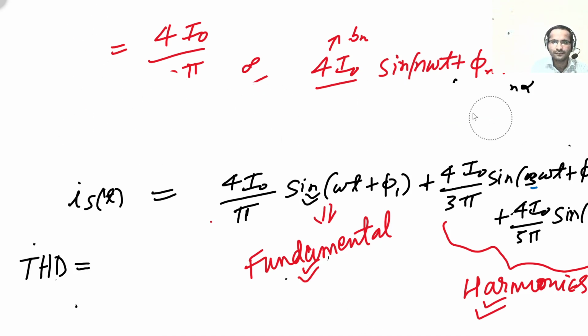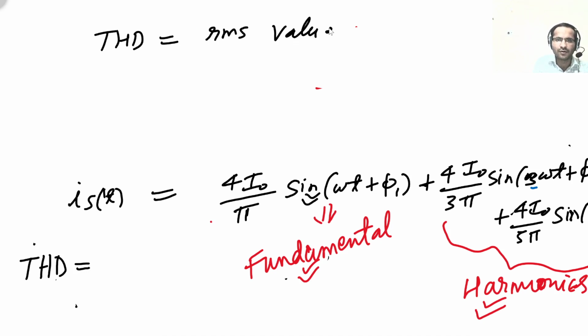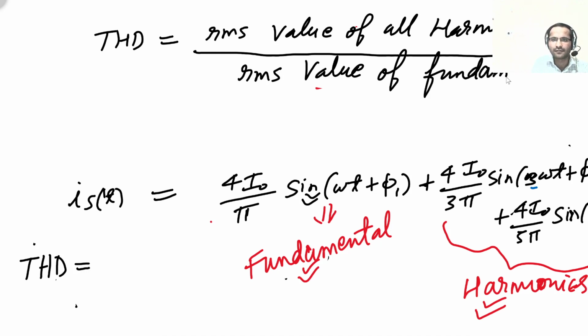this total harmonic distortion is the ratio of the RMS value of all harmonics divided by the RMS value of the fundamental. The RMS value of the fundamental we can directly find from this.